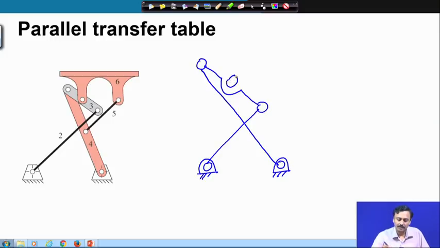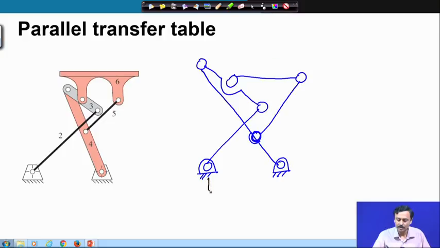On this there is this link 6 which is connected to, so this is also a ternary. So, this is the kinematic diagram of this parallel transfer table.